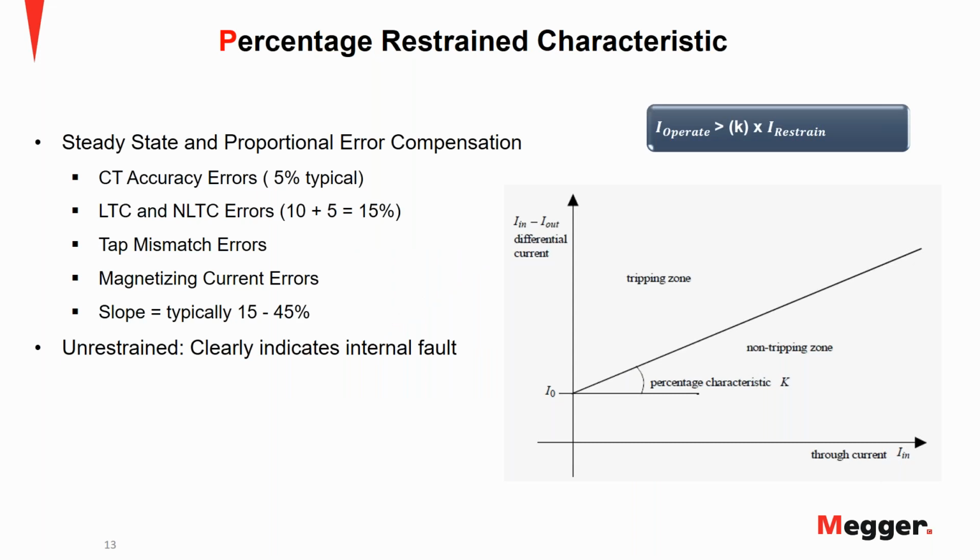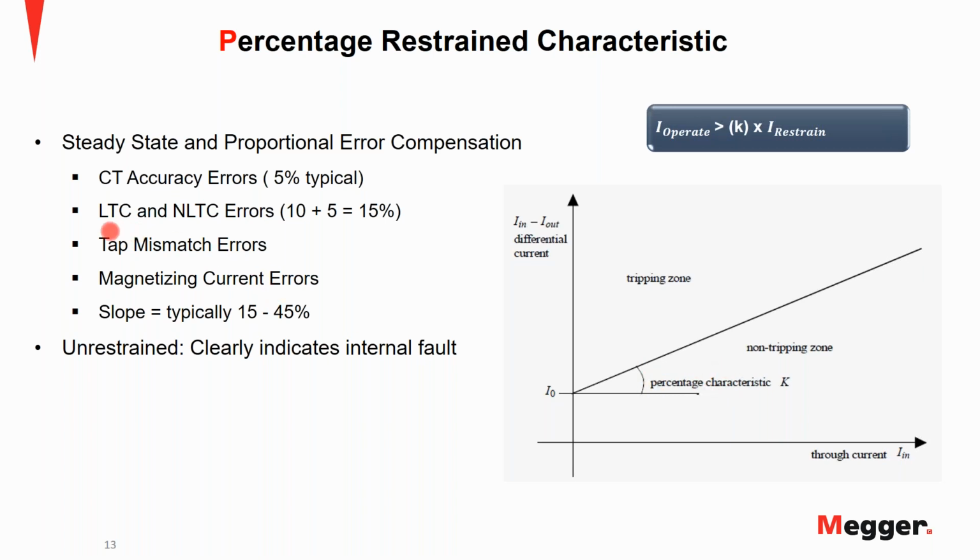The restraint characteristic can be divided into two areas of protection. We have the tripping and non-tripping, which will be the operate and non-operate. And then we also have the steady state and proportional compensation errors. This is what I was talking about again with the CT accuracy errors that still play a role in the way this slope is calculated and where we need to be set.